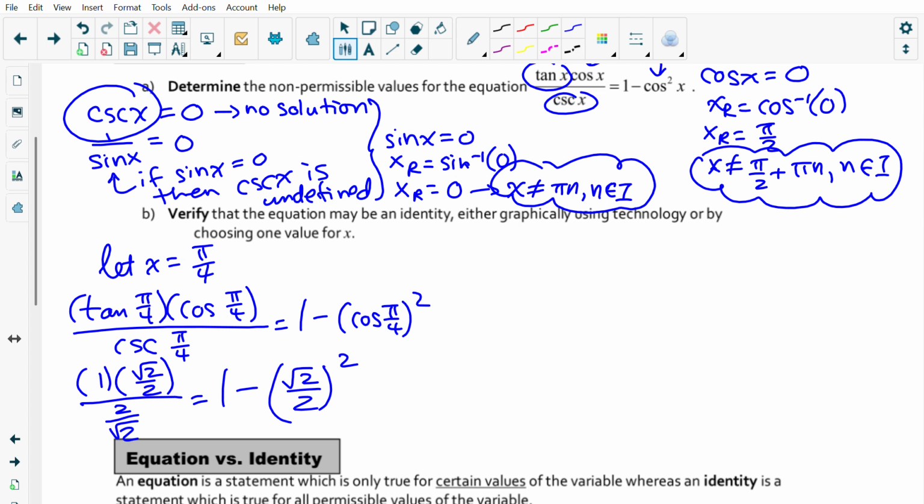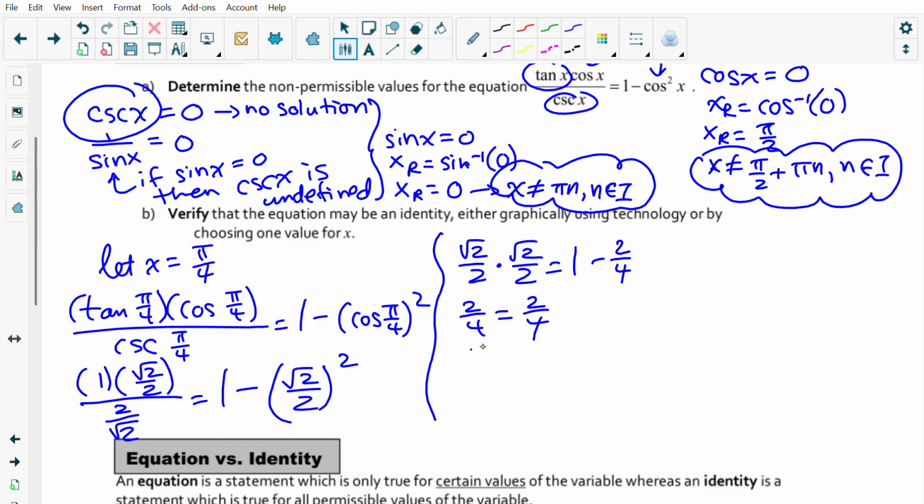Okay, and then on the left side, that's square root of 2 over 2 times square root of 2 over 2 equals 1 minus 2/4. That's 2 over 4 equals 2 over 4, and left side equals right side. So that's a check.